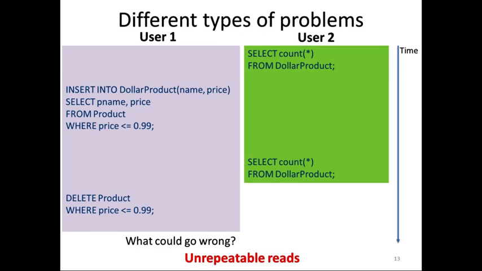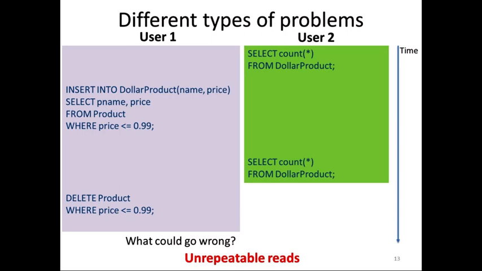And then we have another inventory for all the other products, so those with a price, let's say, higher than $1. And so the green transaction reads, let's say, a statistic account from the dollar product table, and then it does the same read a second time. So basically it asks twice how many products we have in the dollar product table.